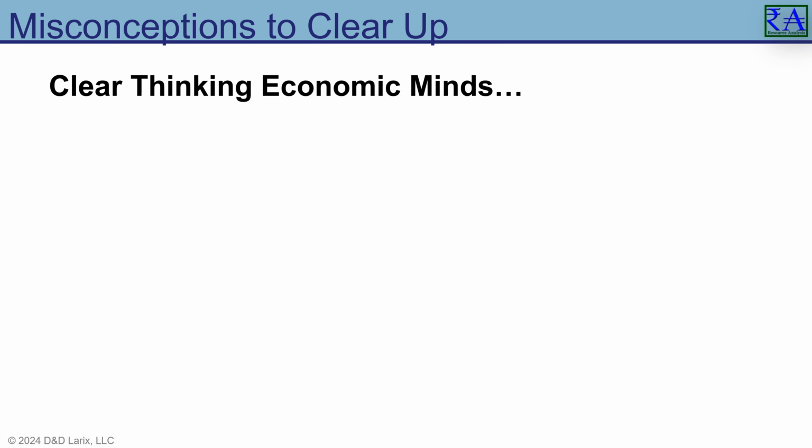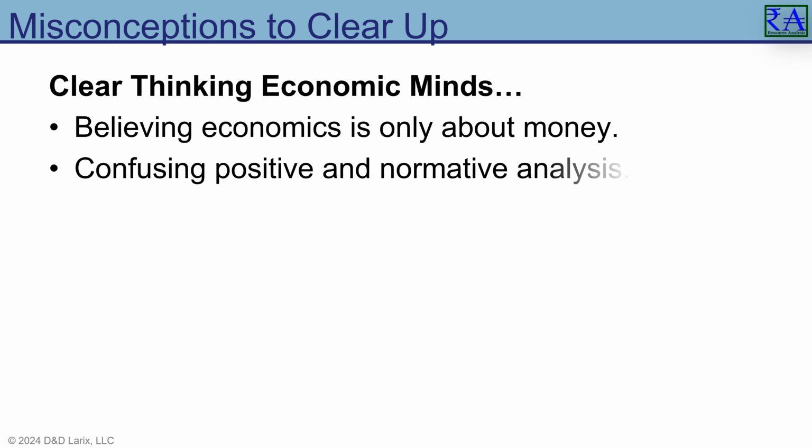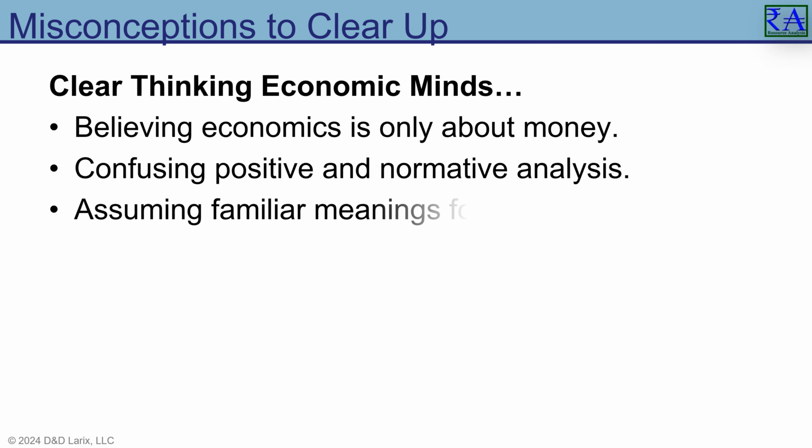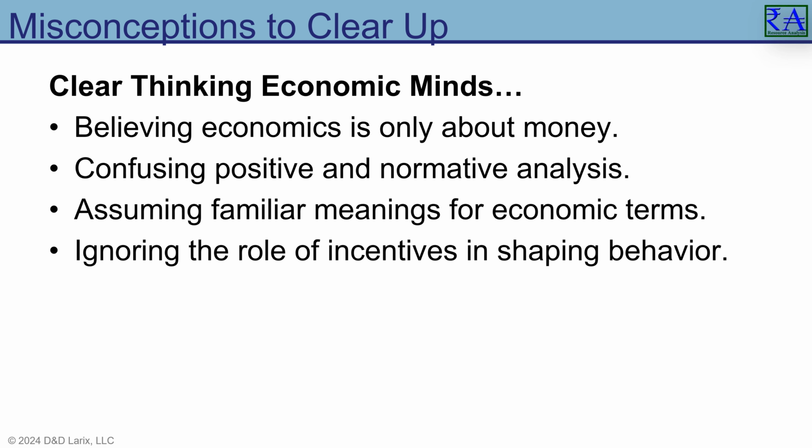Economics is a field full of misconceptions, and it's important to address them early. Many people believe economics is only about money, but in reality, it's about how we allocate limited resources. Another common misconception is confusing positive analysis, which explains what is, and normative analysis, which expresses what ought to be. Additionally, some terms like utility and marginal cost don't mean what we assume from everyday language.